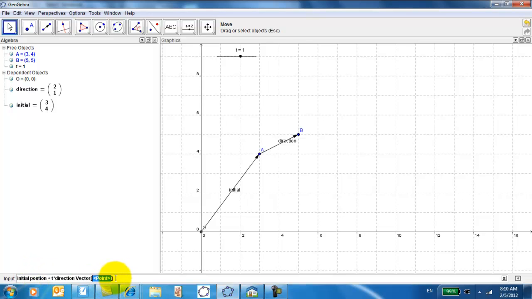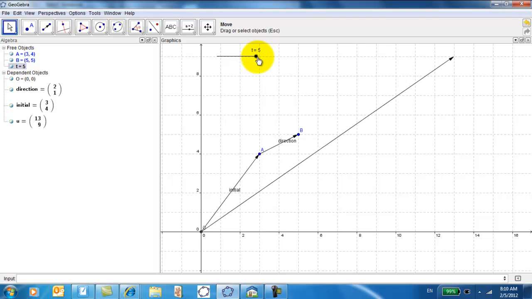There you go, and you get 5, 5. That certainly makes sense, because that was basically taking our initial vector plus the direction vector 2, 1, and we got to 5, 5. But that's because we only used 1. If I change this multiplier, I come up with other vectors.